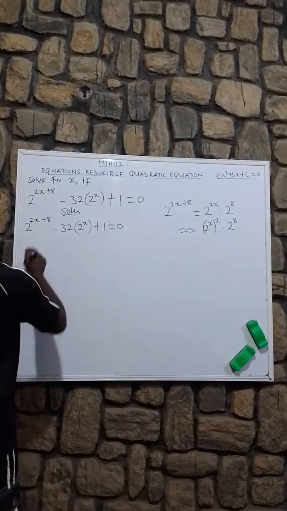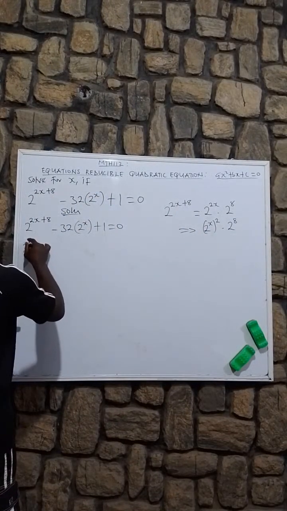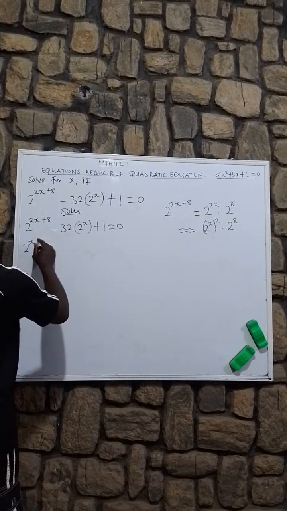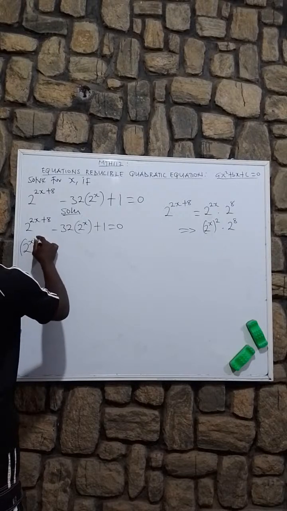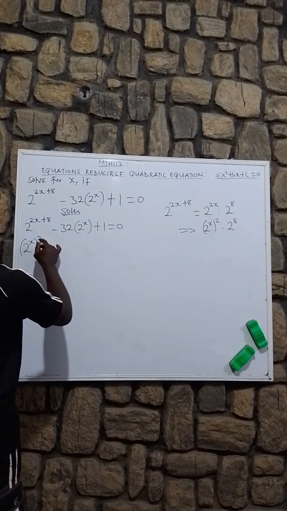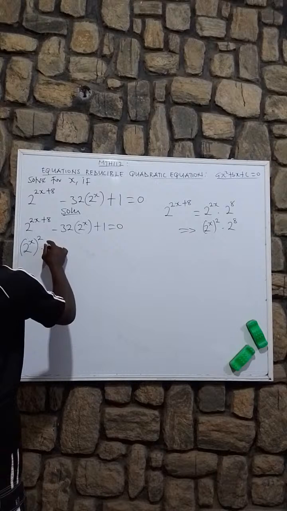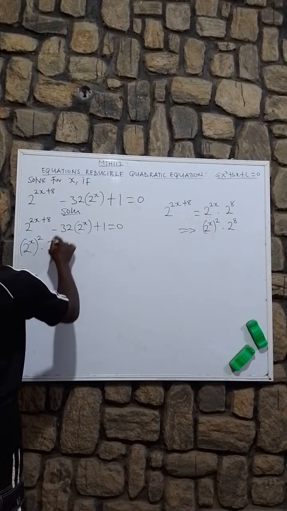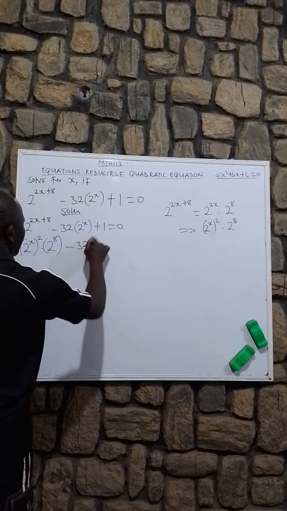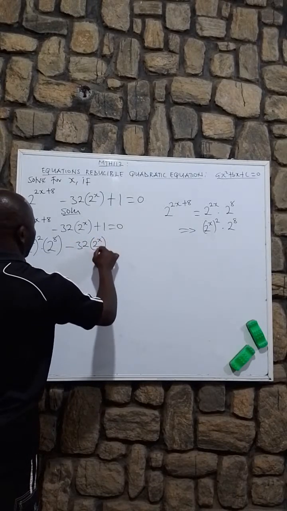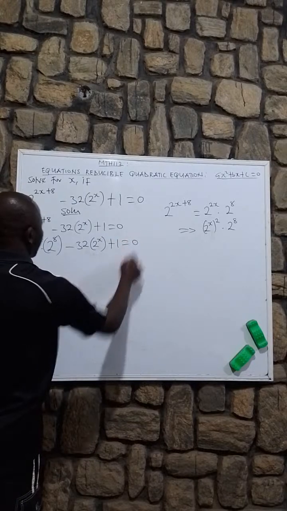So here will now be 2 raised to the power of x, squared, so that we reduce the base to the least, times 2 raised to the power 8, then minus 32 times 2 raised to the power of x, plus 1 equals 0.